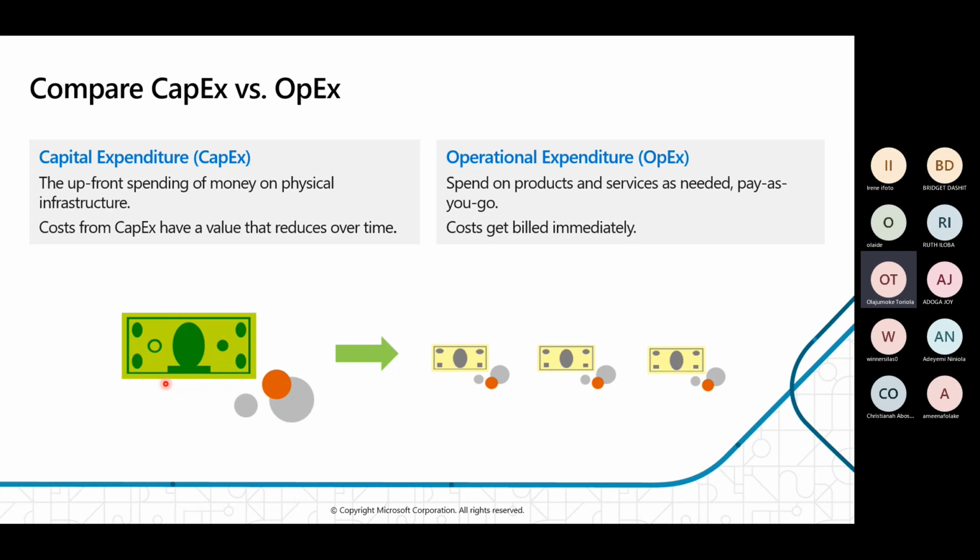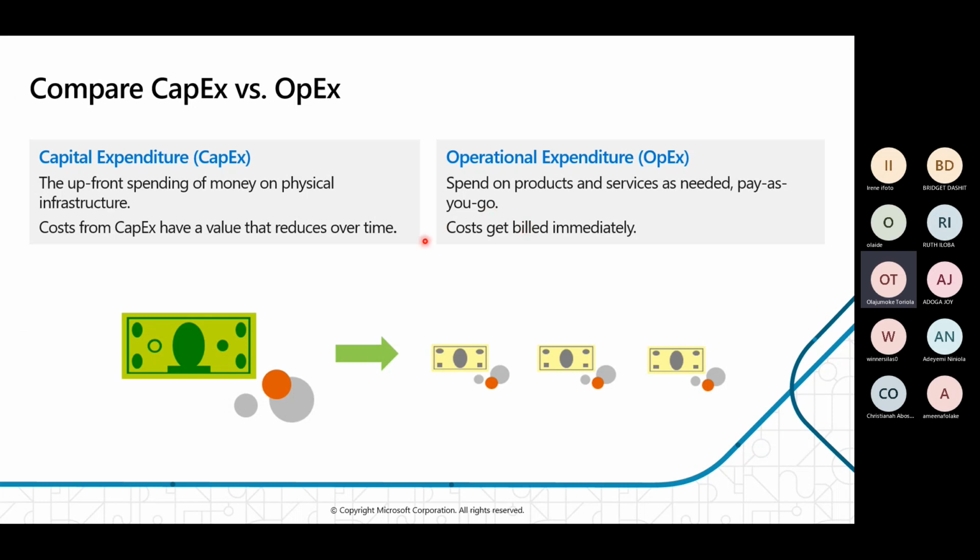I do not pay for it if it is my own building. I have bought, I have built, I have put in all the furniture and all of that, maybe I have painted. Those are capital expenditure, the money I use for that. But things like the electricity supplied into that building are operational expenditure, because I pay as I use it. I continue to pay.